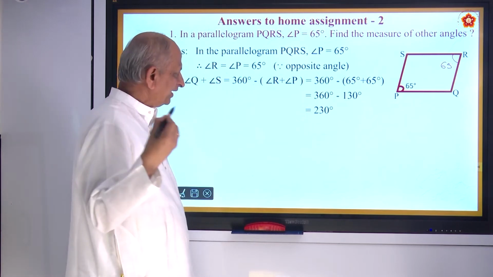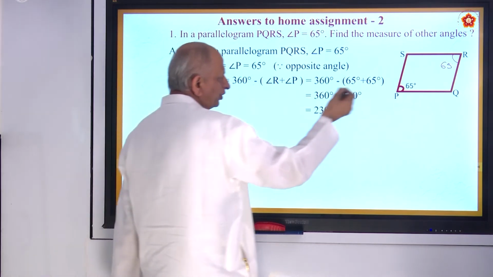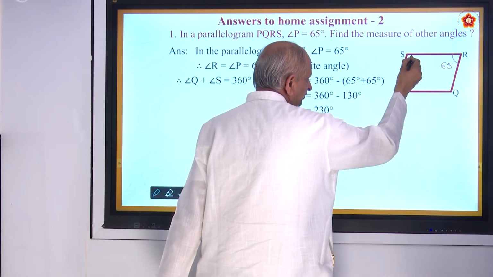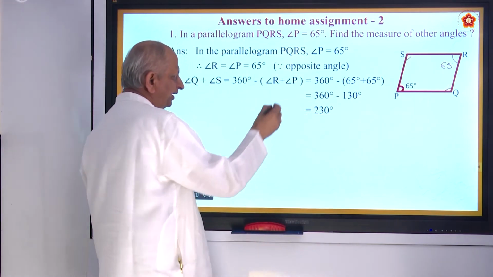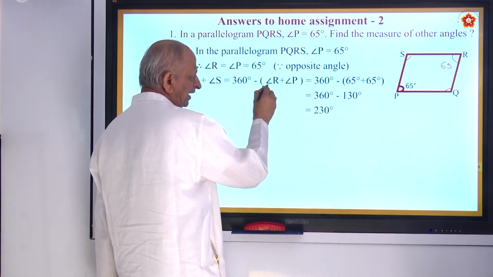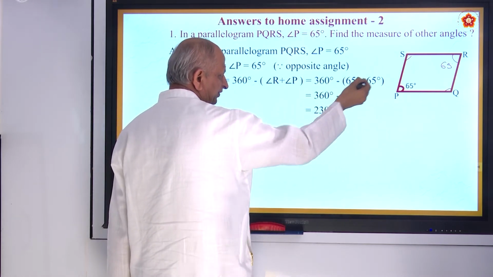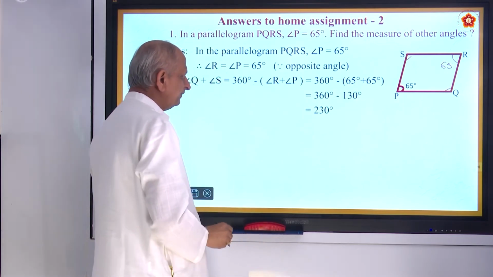They are the opposite angles. Q plus S: if we say this is 65, 65, the sum of these two will be 360 minus angle R plus angle P. 360 minus 65 plus 65, 360 minus 130 becomes 230.